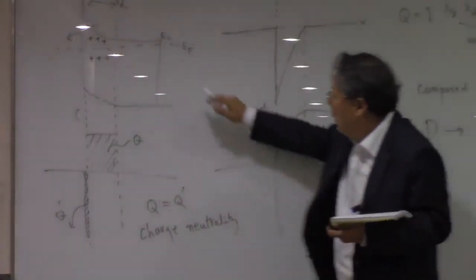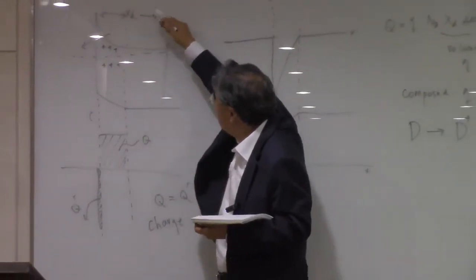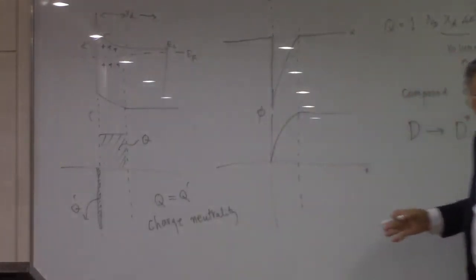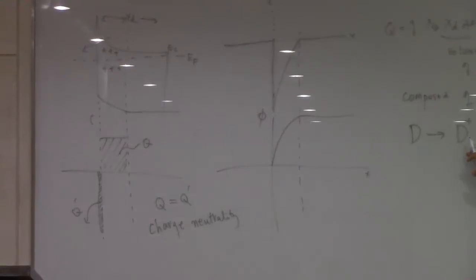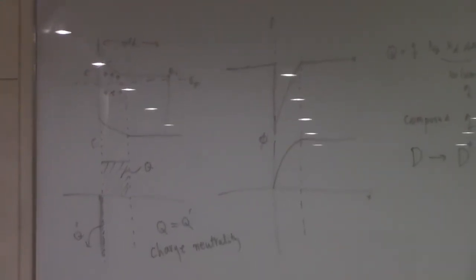Okay, and after the depletion, after XD, we may say it's neutral. There is still one electron combined with the ionized donors to keep it neutral.